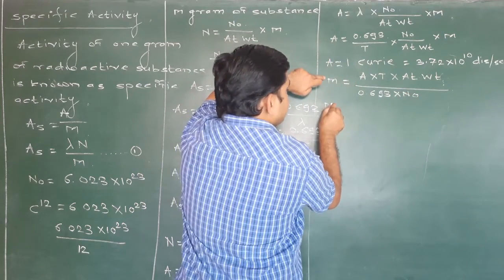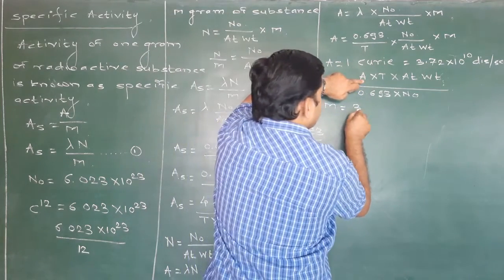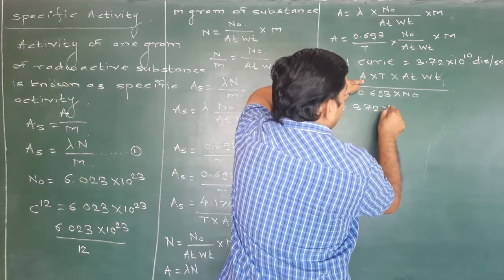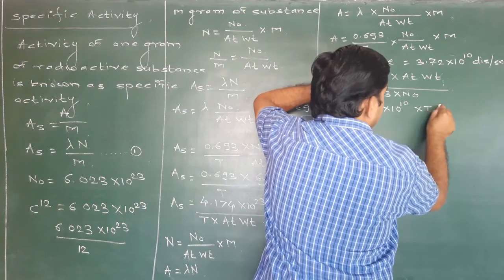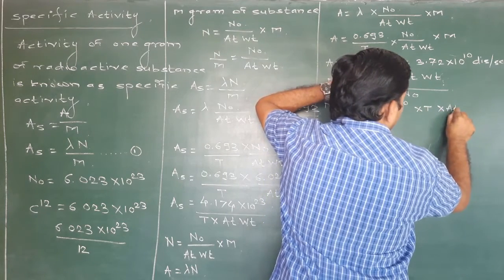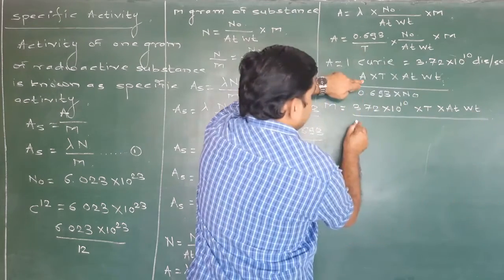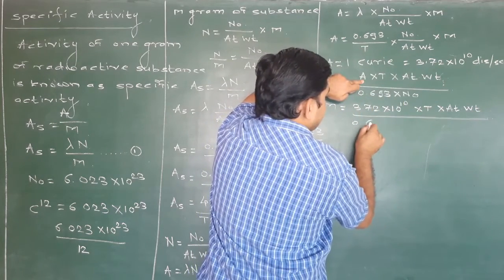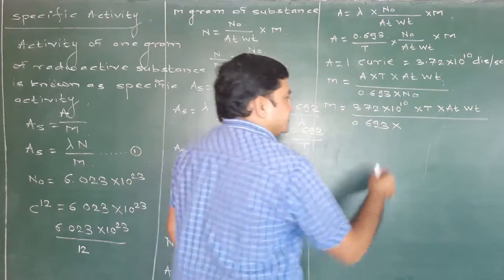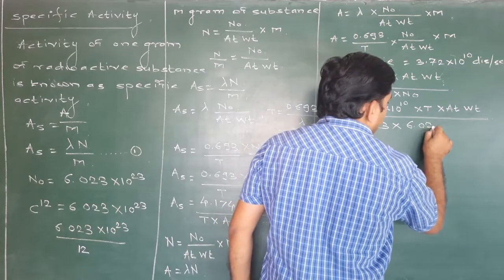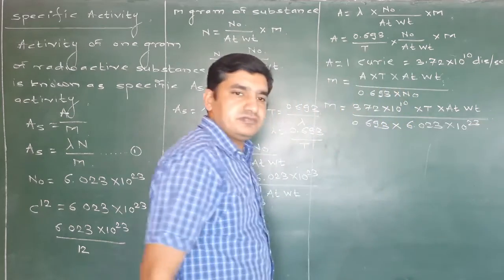Okay, so m is equal to, here activity is 3.72 into 10 raised to 10 into capital T into atomic weight divided by 0.693 into value of N0, that is Avogadro's number, which is 6.023 into 10 raised to 23.